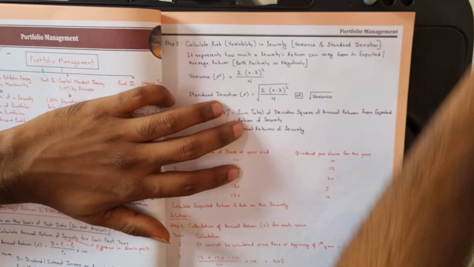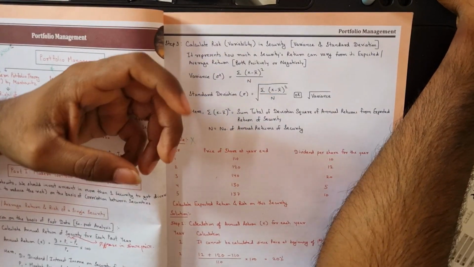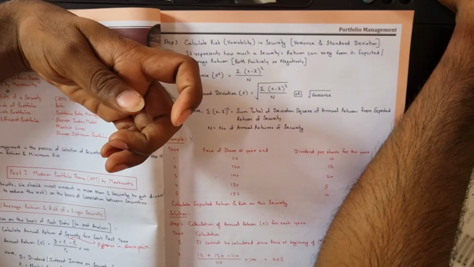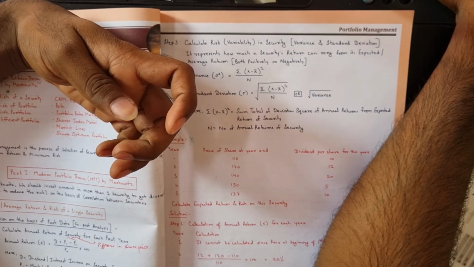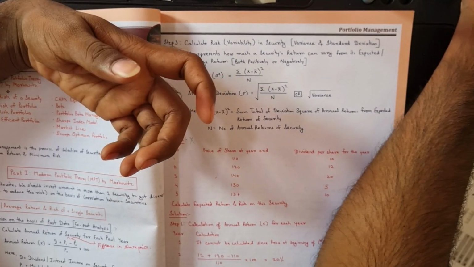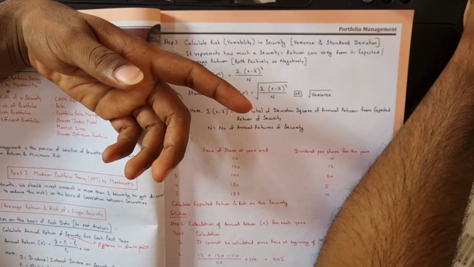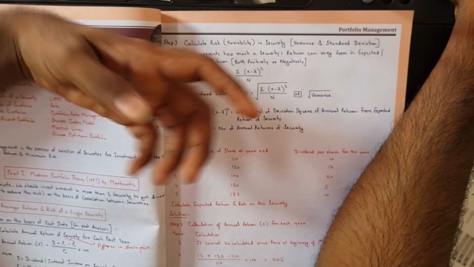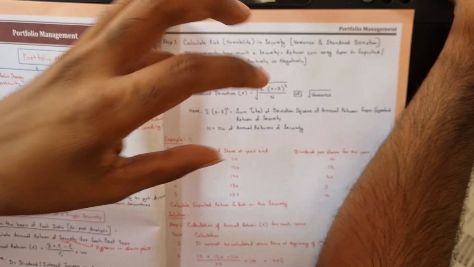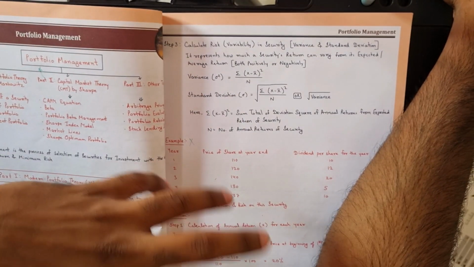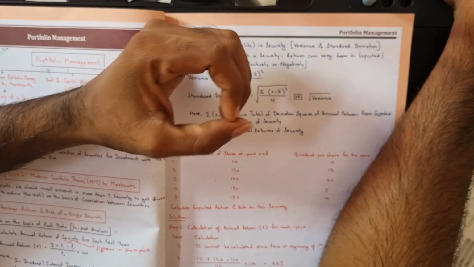It is based on mathematics, because you have taken an average and you are subtracting it from your annual returns. Some amounts will be positive, some negative, and they will all add up to 0.